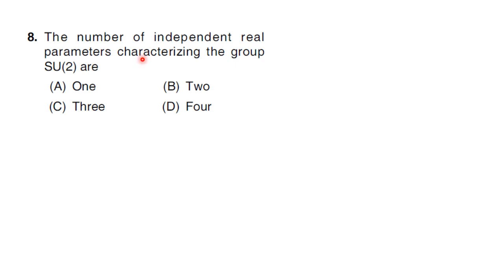The number of independent real parameters characterizing the group SU2 are. SU2 means the group of special unitary matrices. Then the number of independent parameters or generators of SU2. For example, for the SUN group, the number of independent parameters is given by n square minus 1.